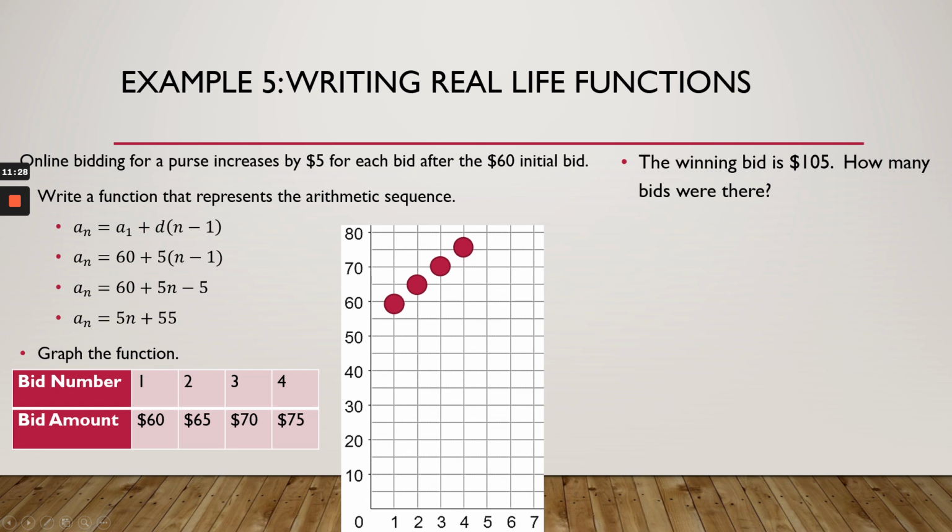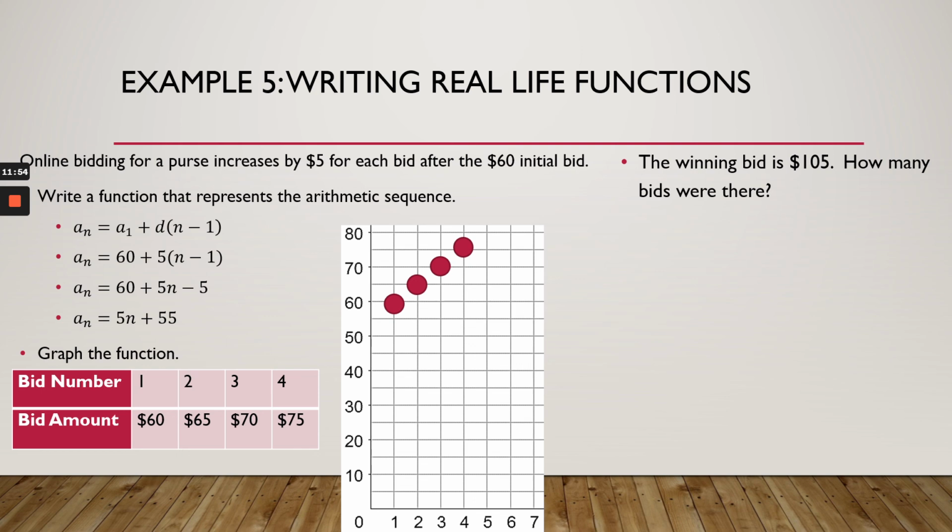That might take a bit of space, but we would eventually get there. But I also want you to think of, what if it was a much higher number? What if the winning bid had turned out to be $500? Think of how far you'd have to continue that table counting by fives to finally get there. That might be far more of a challenge.